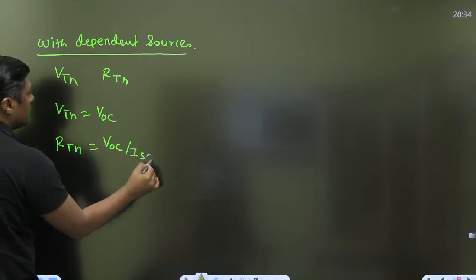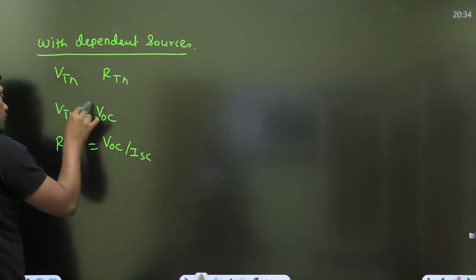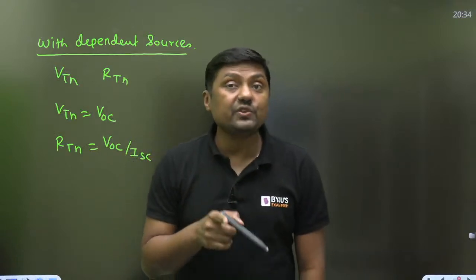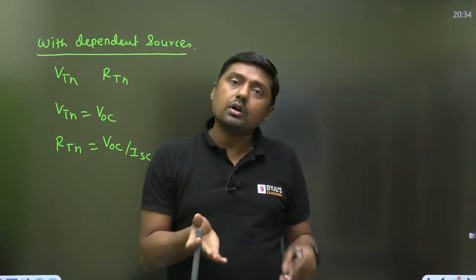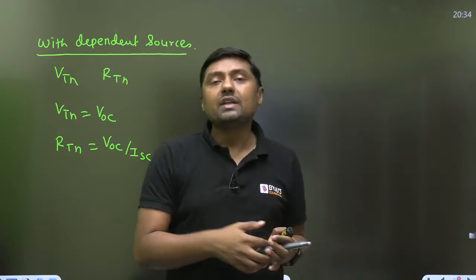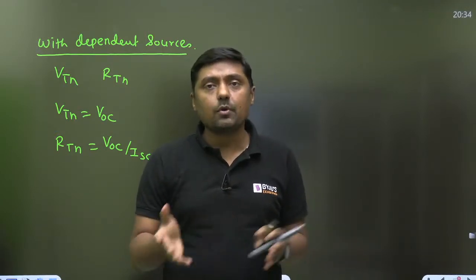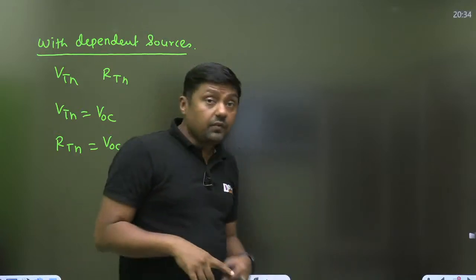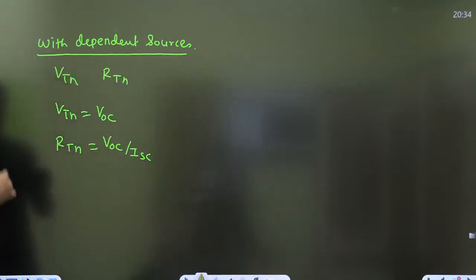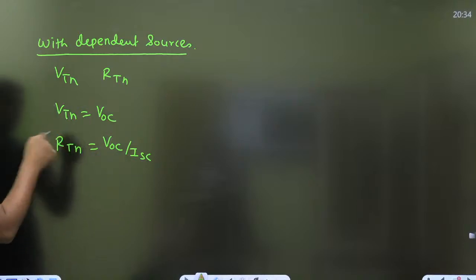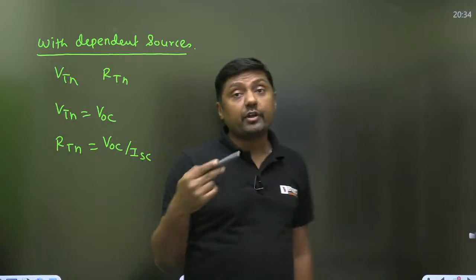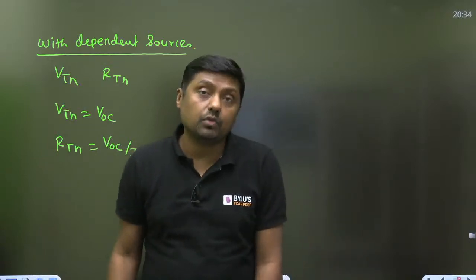Why? Because already we have the value of VOC, so sometimes it becomes very easy to calculate ISC. Already we have calculated the VOC, then calculate the ISC, and VOC upon ISC becomes RTH. If we were to connect an extra battery or extra current source, it would sometimes make the question very lengthy for you, with double calculation.